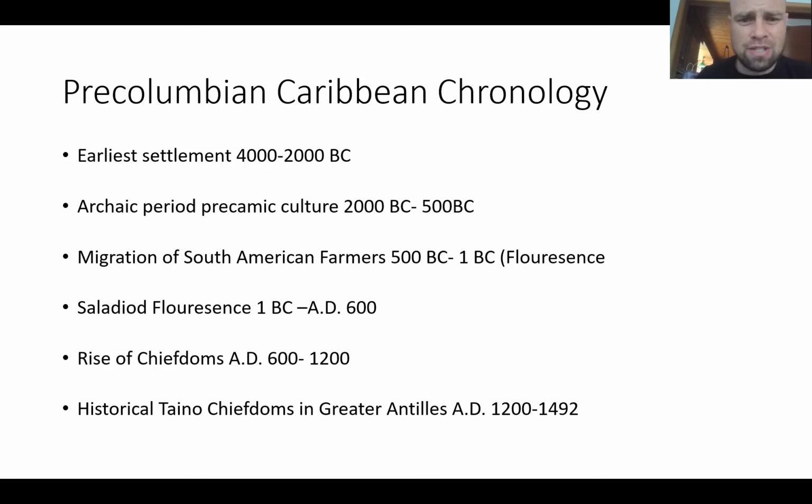There's a migration of South American farmers from 5000 BC to 1000 BC, where they're bringing the first or some of the earlier pottery into the region, and they're really having a fluorescence or a high period up until 600 AD or so. And then there's a rise of chiefdoms and the development of the Taino and Carib cultures, maybe from 600 to 1500 AD.